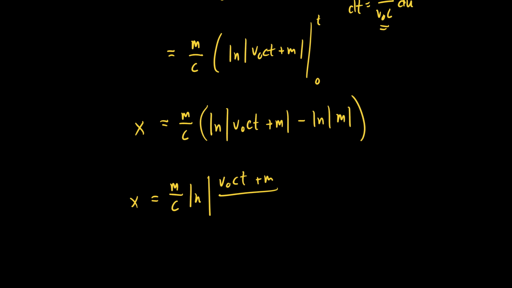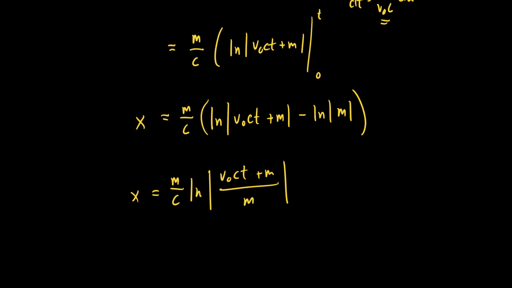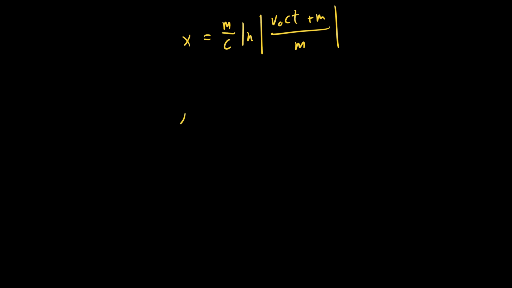Again, you don't have to, but it might be cleaner. Part of the reason why it might be cleaner, I don't know if you know why this looks better, but a lot of times in a function, if you can do something like this, it looks better. It removes that m over m that was there before and gives us a better understanding of the functional dependence here. You follow me? All right.